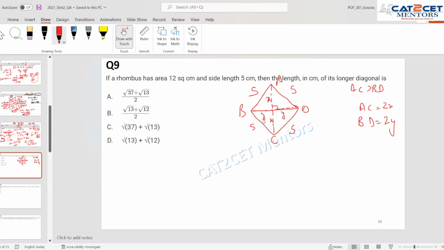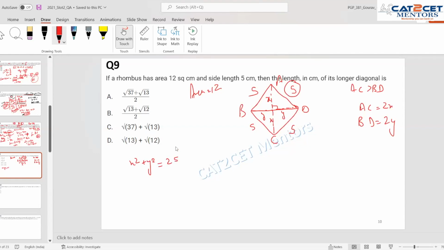So we are given two things: one is the length of the side and another is the area, 12. So we have two variables and two equations, let's solve simply. For using the side length, we will use the Pythagoras theorem, which is x square plus y square equals 5 square. So it will be x square plus y square equals 25.